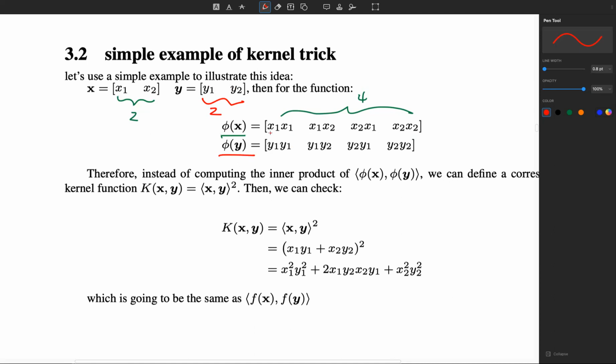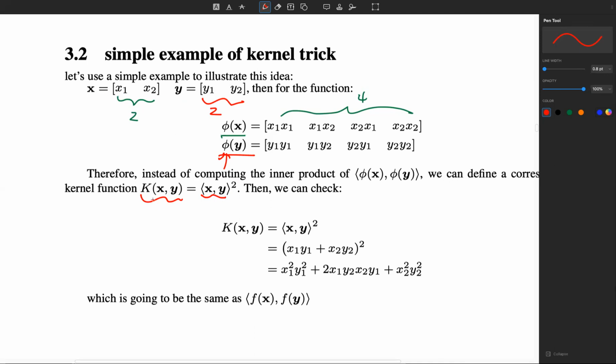The first element is x1 squared, the next is x1 x2, the next is x2 x1, well, they're the same, and the last one is x2 squared. Because you are using the same function phi, you project y in exactly the same form: y1 squared first, the last is y2 squared, and the two elements in between are y1 y2. And this is the corresponding kernel, the inner product of x and y, squared.